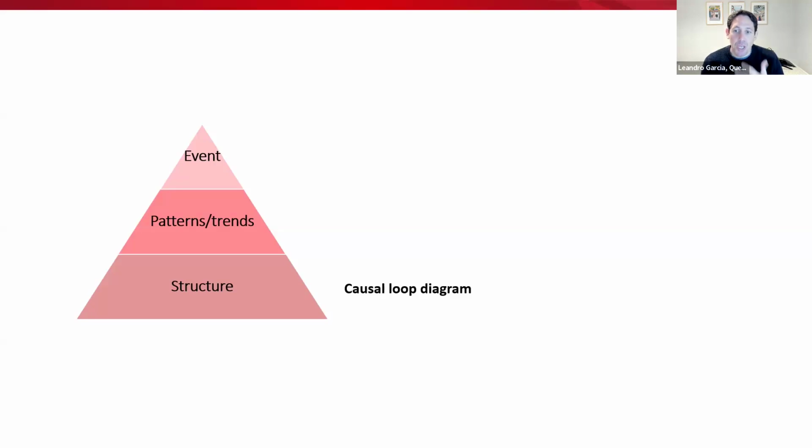But to be able to reach this point, we need to start from the very top of this pyramid. The first thing we need to do is define the problem of interest, which is usually based on the events or patterns that we observe in the real world. Once we define the problem of interest, the next step is to build a reference mode, which relates to the patterns and trends that we observe in the real world, and also that we expect to observe in the future.